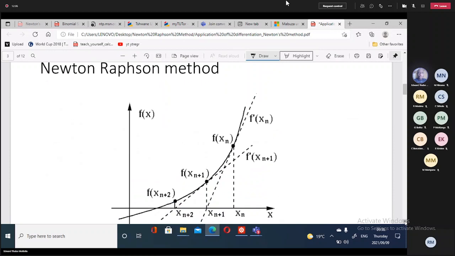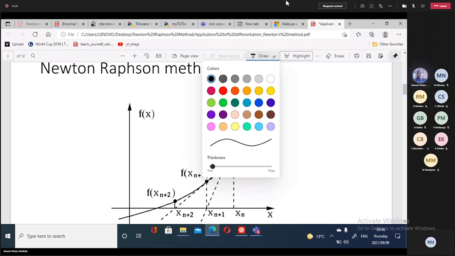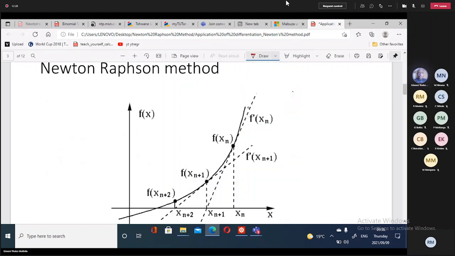Now, you heard that they are using tangent lines. You can clearly see that you can start at any point here. Let's start at the top one. At this point, xn and f at xn, here we have a tangent line. We plot this tangent line, and where it meets the x-axis, can you see here? Then we take another point.